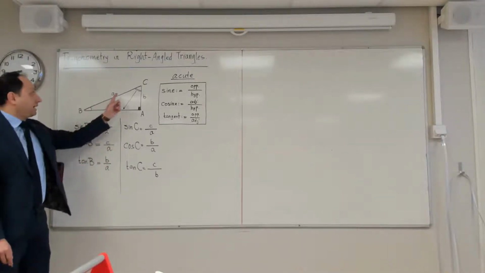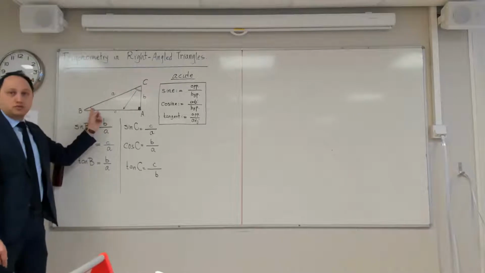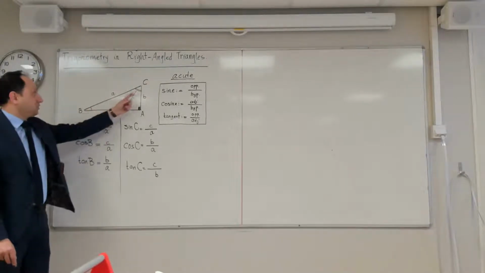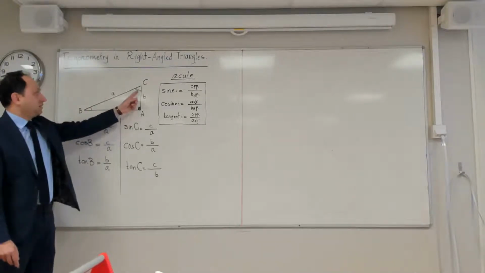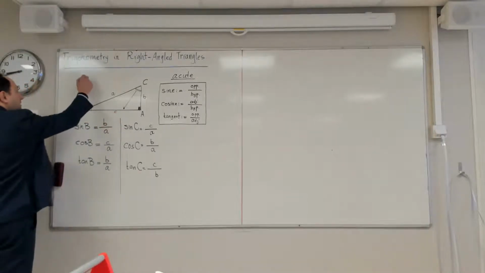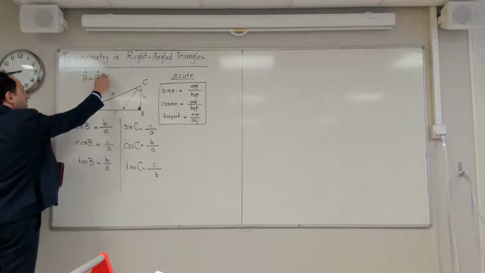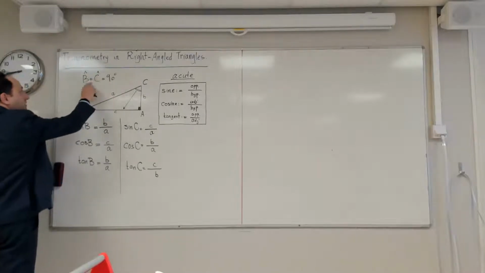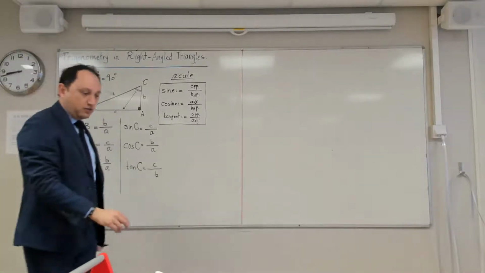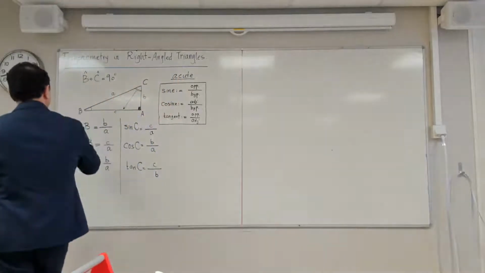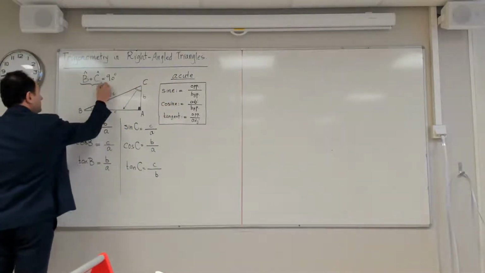If I have two angles that add up to 90 degrees, because you know that in a right angle triangle, angle B plus angle C is 90 degrees, the angles whose sum is equal to 90 degrees are called complementary angles.